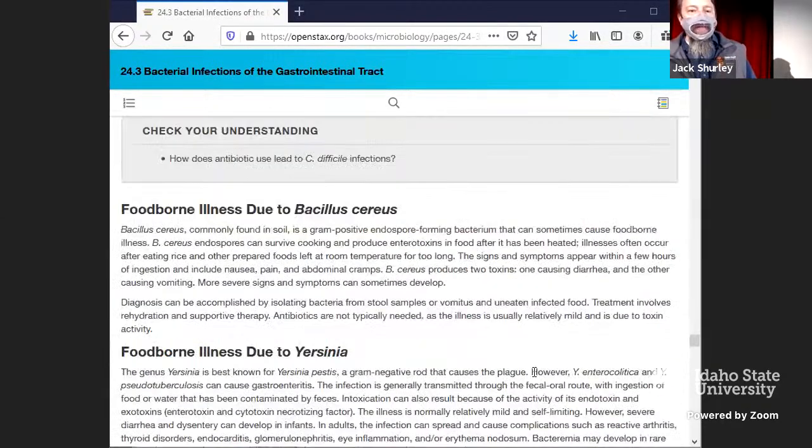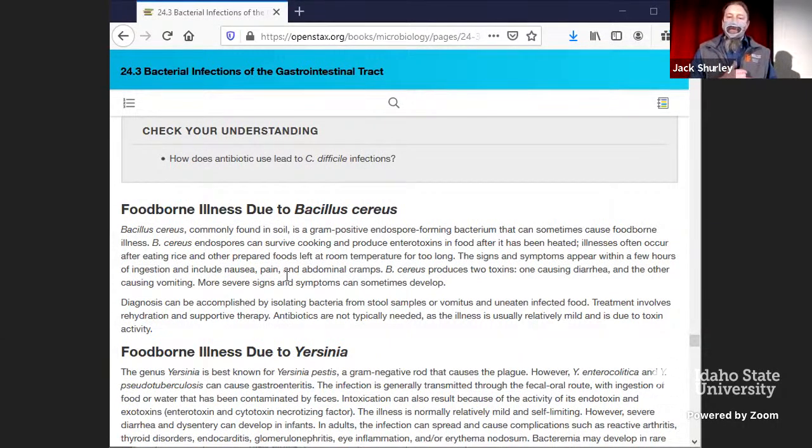So, and I see as I'm scrolling past a couple more foodborne illnesses, Bacillus cereus. This is a bacterium we've worked with in the lab a little bit. It does set the stage for issues, and it is a spore former. So thinking some issues with that.